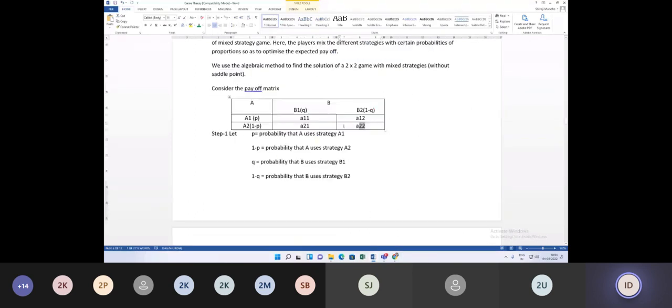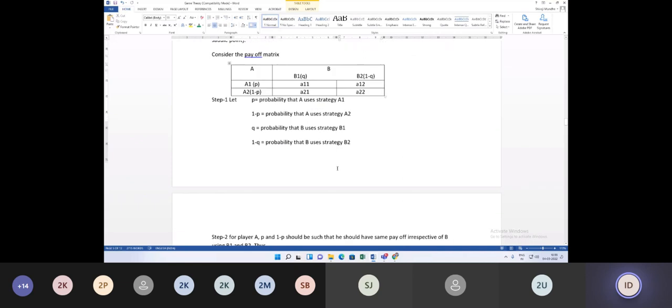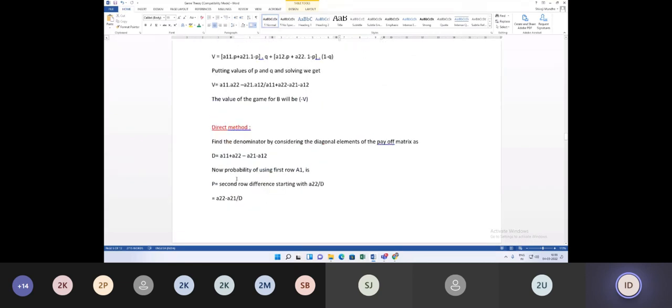So the second row difference starting with A22. That is this, right? Here.